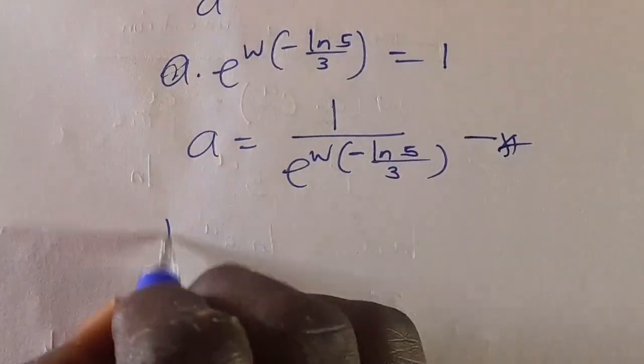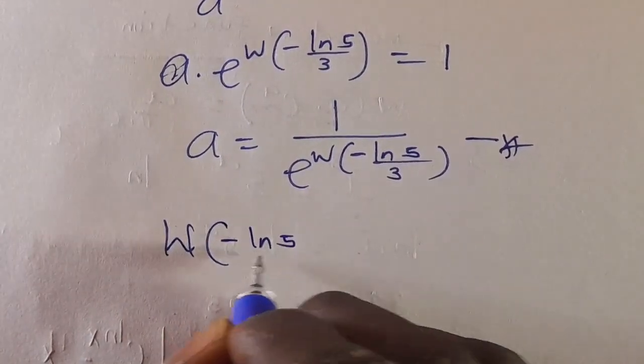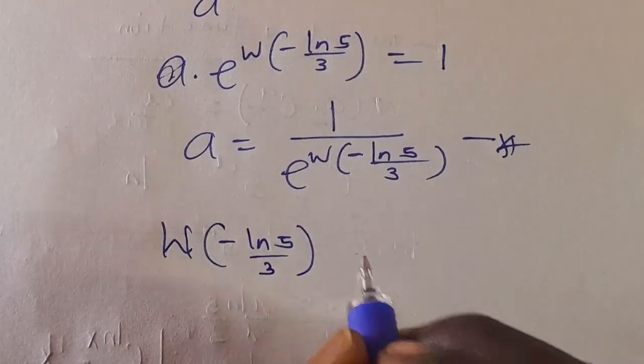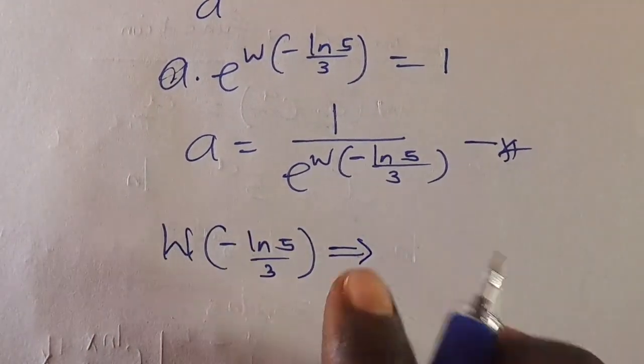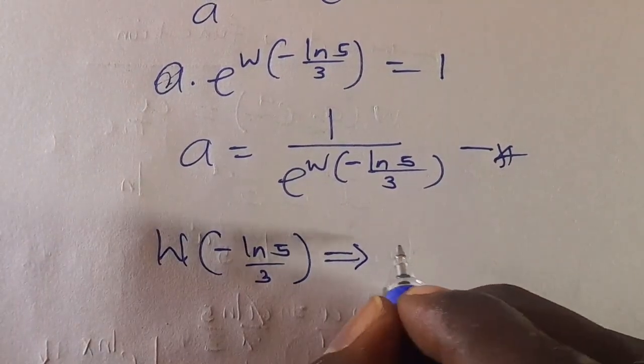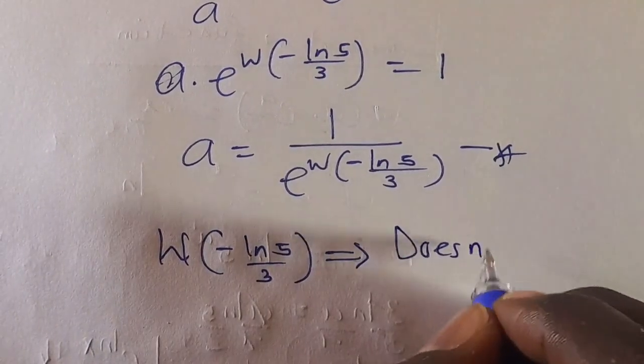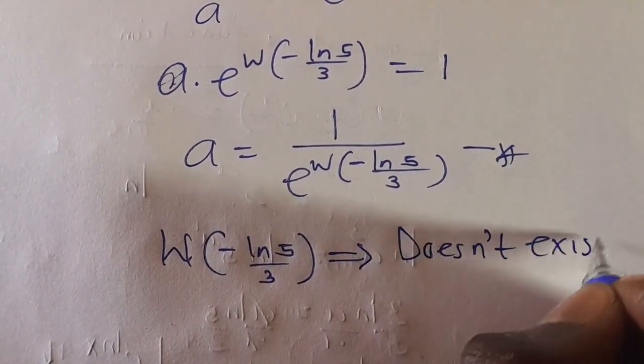Mind you that the W Lambert function of minus ln 5 divided by 3, when you press this, what you're going to see there is that it does not exist.